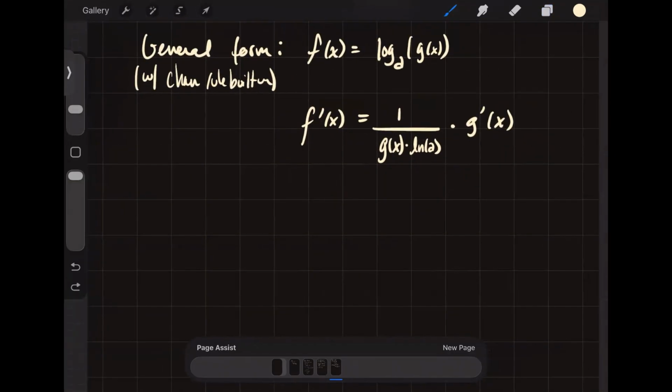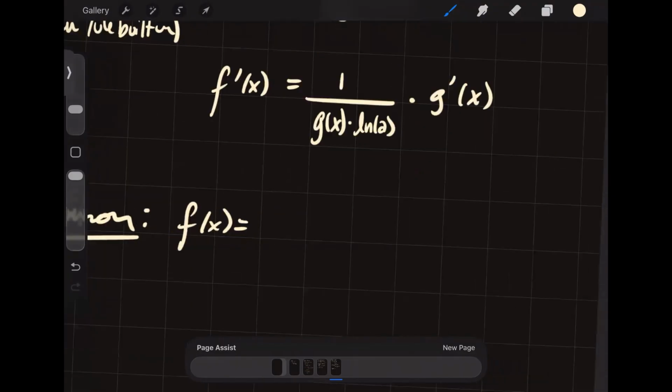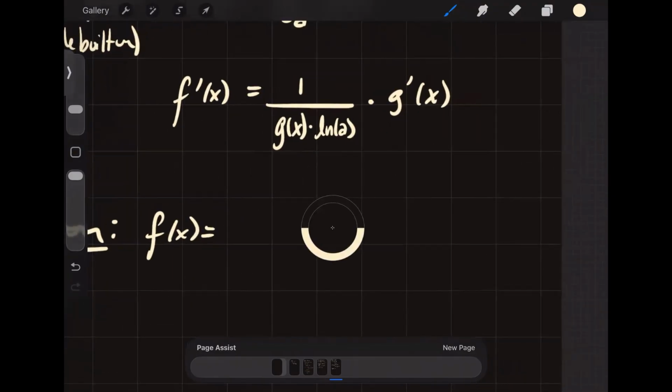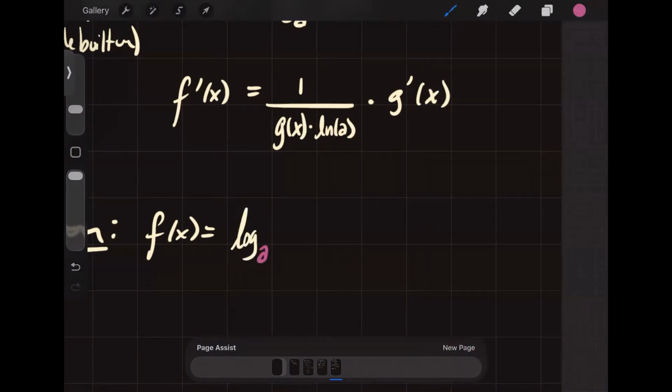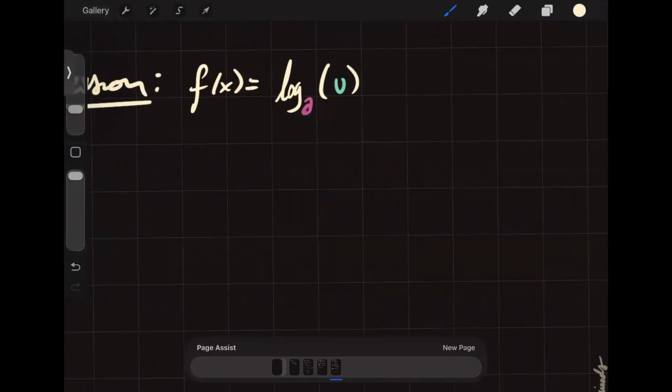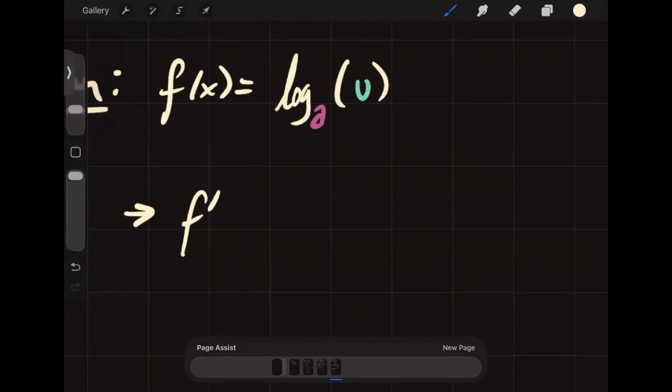Here's how I remember it. I'll say f of x is equal to log base a of some function u. I really like using functions called u. I don't really know why. It just is. Then f prime of x. Also, I notice a lot of you guys try to take a derivative and you don't write the prime.